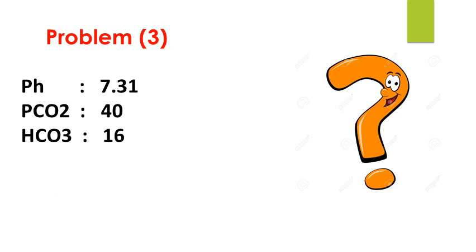Look here, pH 7.31. This means that it is acidosis. Look at the PCO2. PCO2 here is within normal level, and the change occurs in bicarbonate level. So this problem is metabolic acidosis.